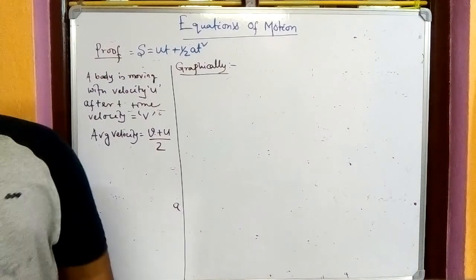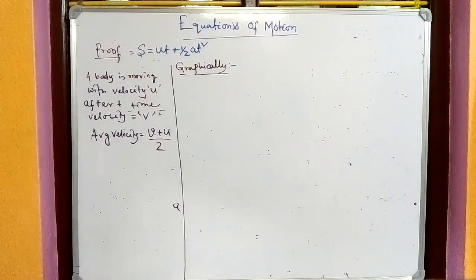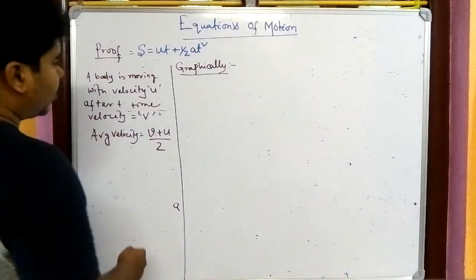If you are told to find the average weight of your class, how would you do it? You have to add all the students' weights in your class and divide by the number of students. I have done the same thing. There are two velocities given, adding these two and dividing by 2. So we get v plus u by 2.